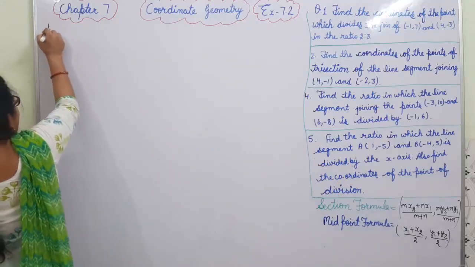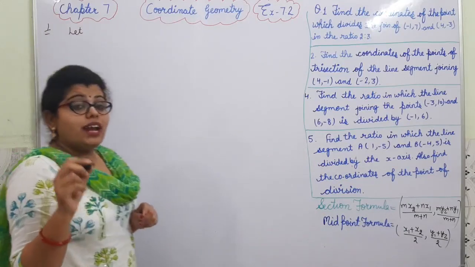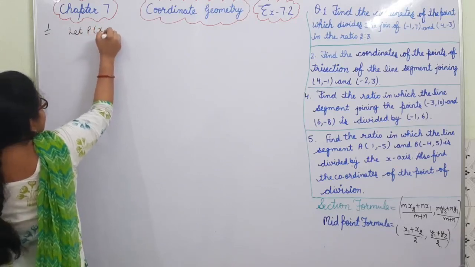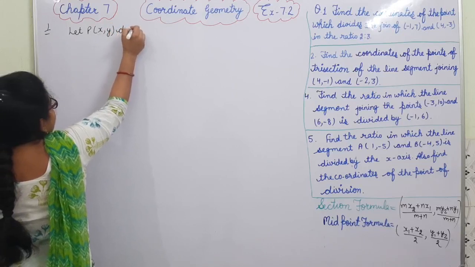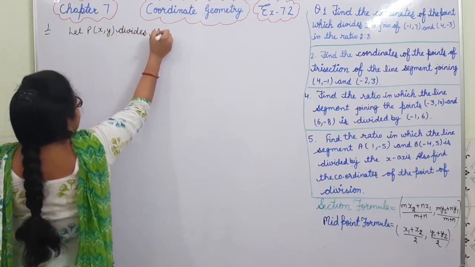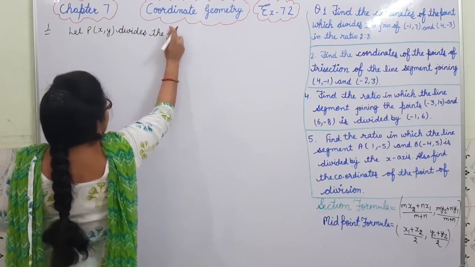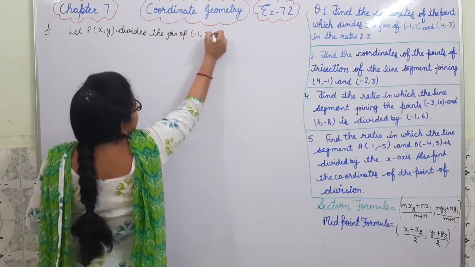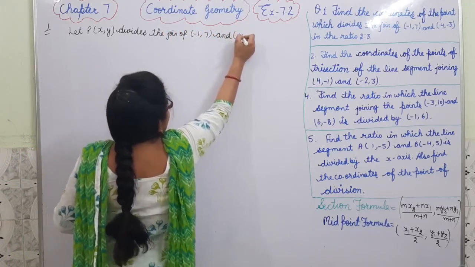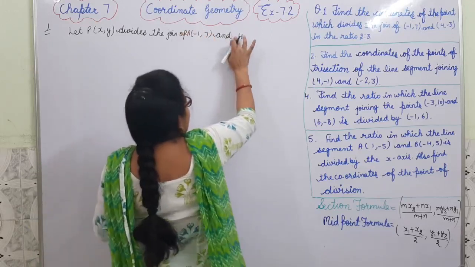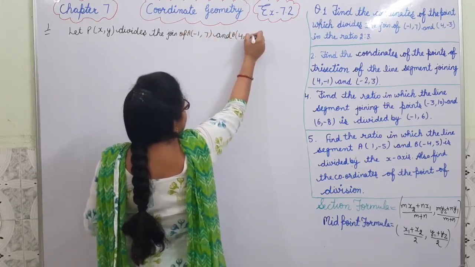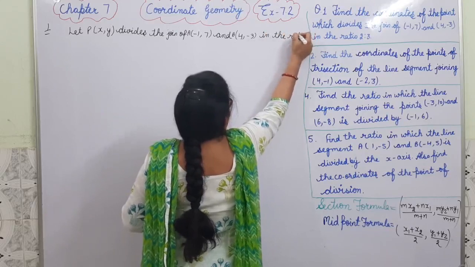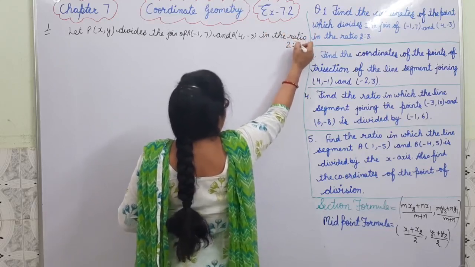Now what we will consider, let any point P(x, y) divide the join of (-1, 7) and (4, -3) in the ratio 2:3.